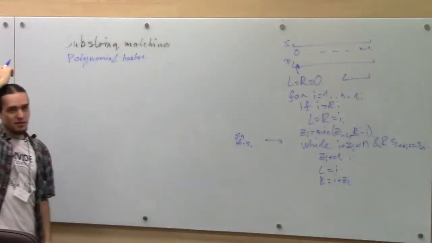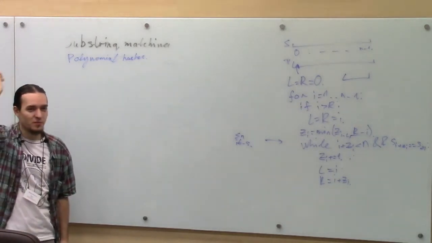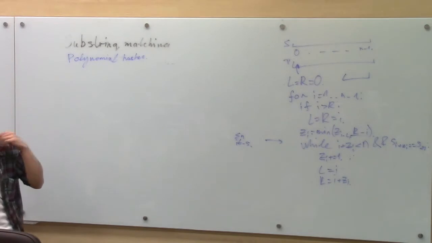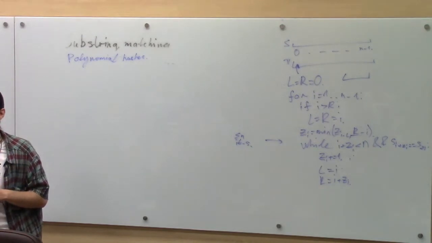And looking at the questionnaire, I believe that a lot of people should be familiar with that, at least more than with the prefix function. So please raise your hand if you are familiar with the polynomial hashing.